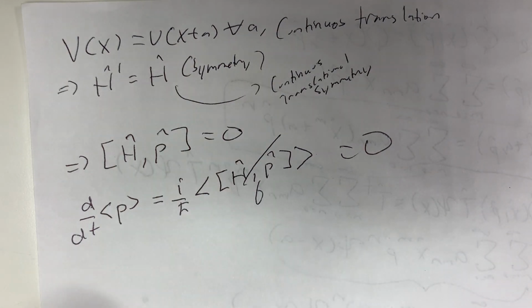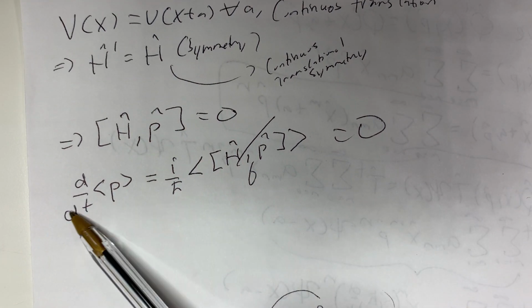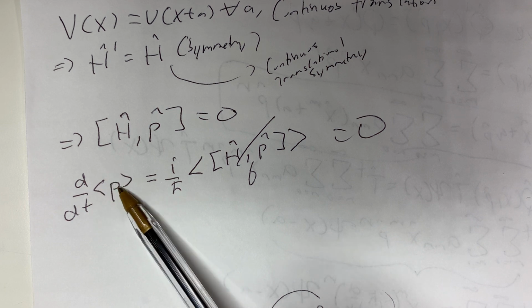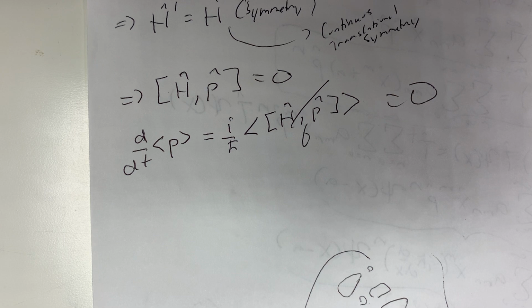Because the potential is symmetric under a translational operator, so is the Hamiltonian. The Hamiltonian has a translational symmetry. We call that a continuous translational symmetry. You can say that the potential has the continuous translational symmetry. It kind of goes both ways, but usually we say that the Hamiltonian has a continuous translational symmetry, and that implies a conservation law, the conservation of the expectation value of momentum. This is an amazing result.